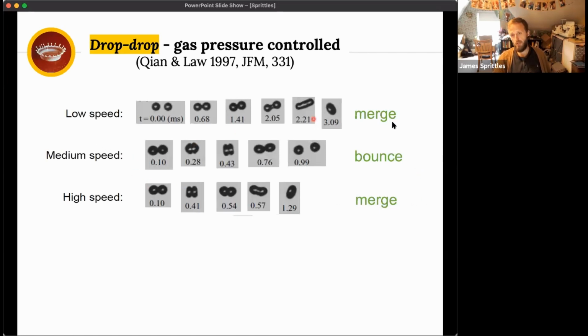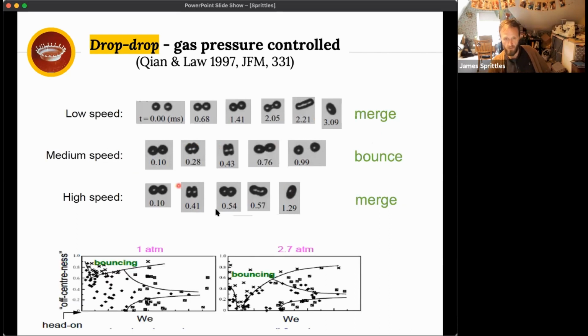So there are two transitions, from merging to bouncing to merging, for any theory to try to predict. And what shows the real importance of the gas is that if you increase the ambient gas pressure, then you move these boundaries between bouncing and merging. So you change the impact speeds at which this occurs.